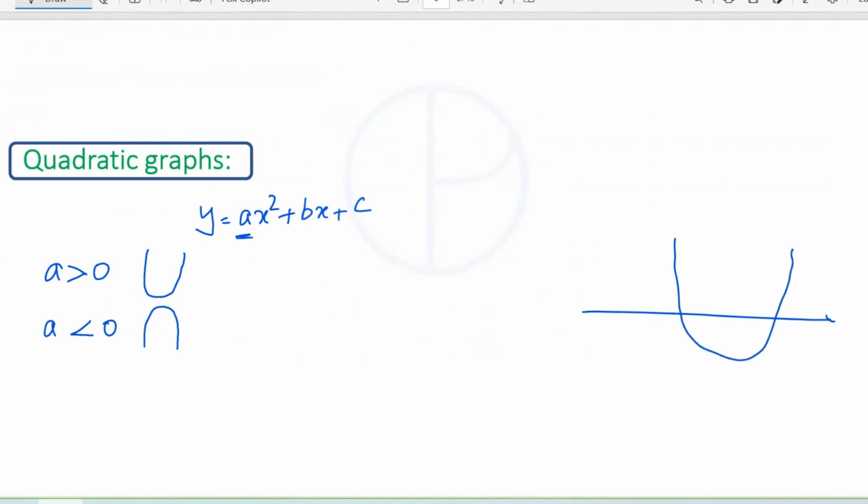Suppose this is the x-axis and the curve intersects the x-axis at these 2 points, then these two are the roots. Okay, so we can find the roots by assuming the given expression is equal to 0.